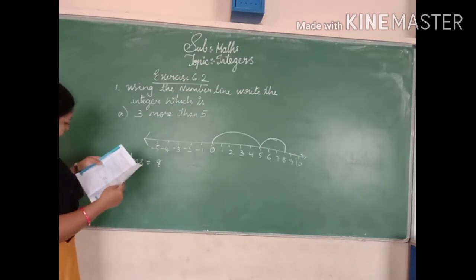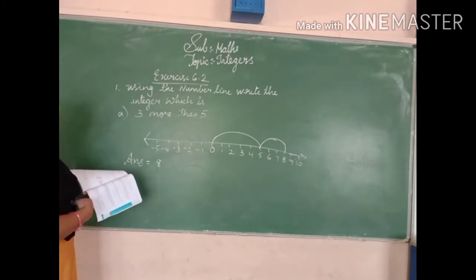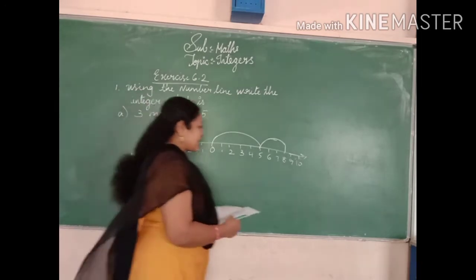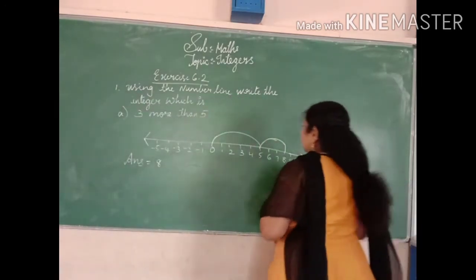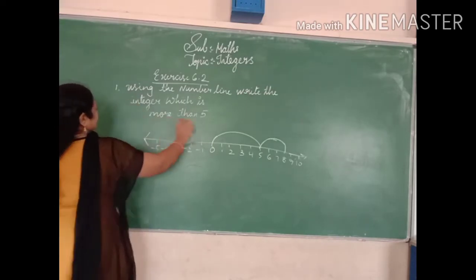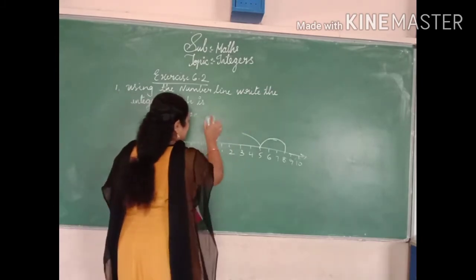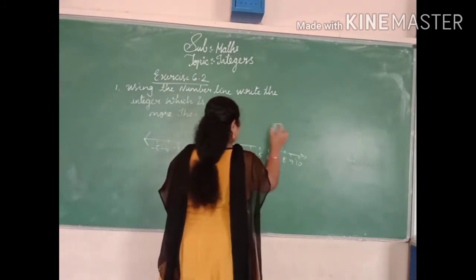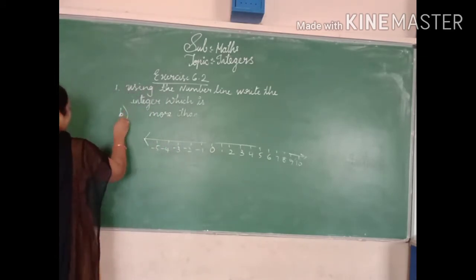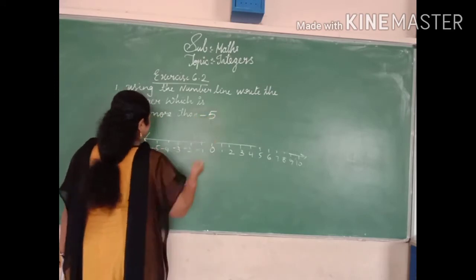Now look at the second one. (b) 5 more than minus 5. Try to do the second one here. Here it says 5 more than minus 5.